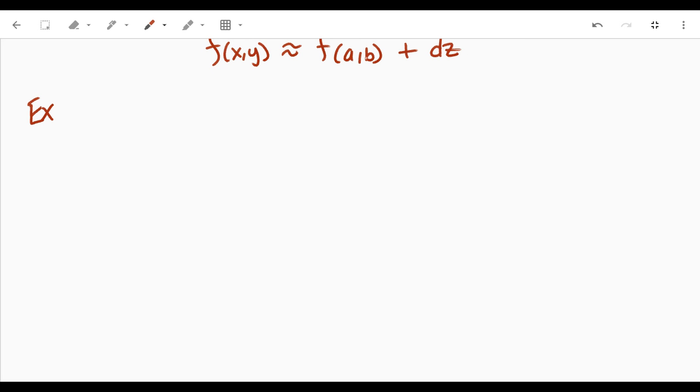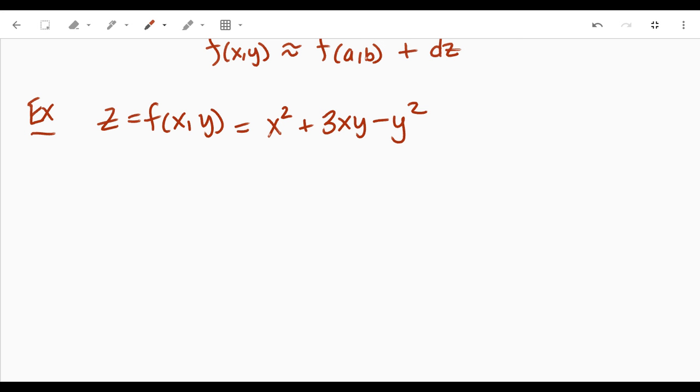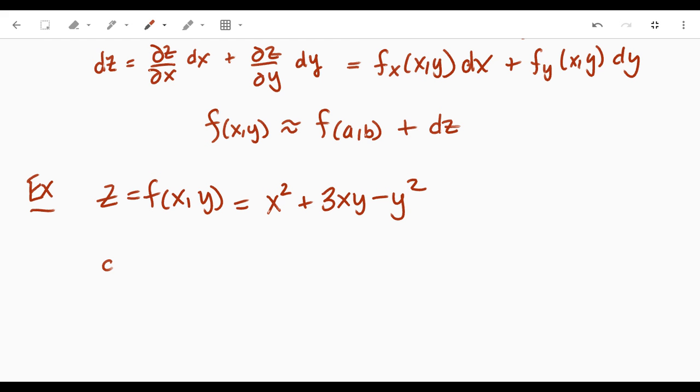But anyways, here's our example. We've got z equals f of x, y, which is x squared plus 3xy minus y squared. Okay. So we're going to find our differential. Okay, so dz is partial z partial x times dx, and then plus partial z partial y times dy.